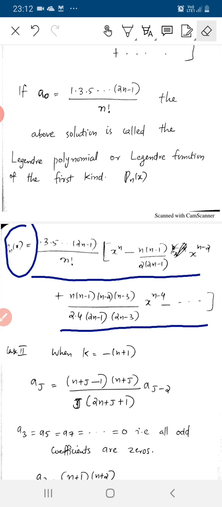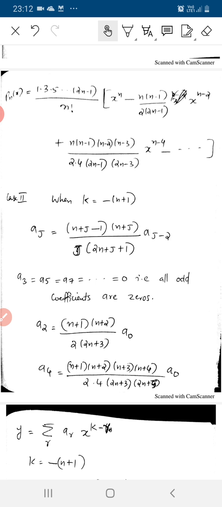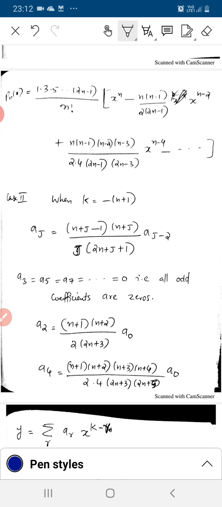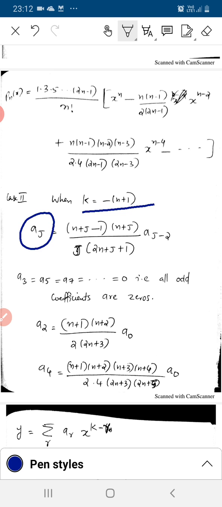Now in the next case, k equal to minus n plus 1. In the expression for aj, we put k equal to minus n plus 1, and we will get this.